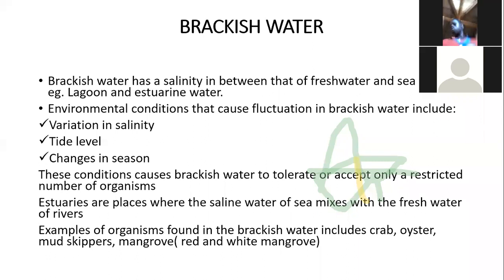That is influenced by environmental conditions. These are variation in salinity, that is their salt content, how salty or how less salty they are; their tidal level, you know what tidal waves are, so their tide level; then 3, changes in season.